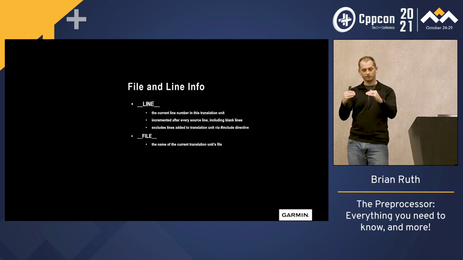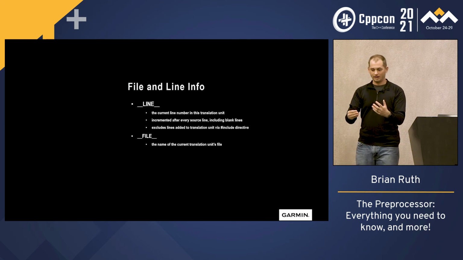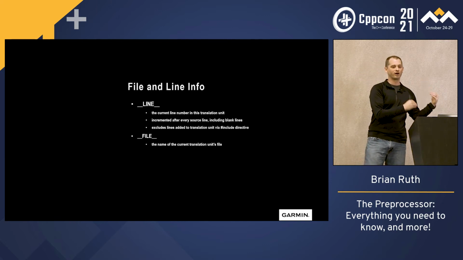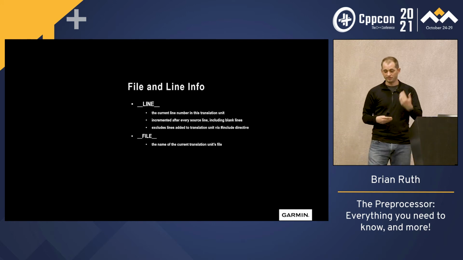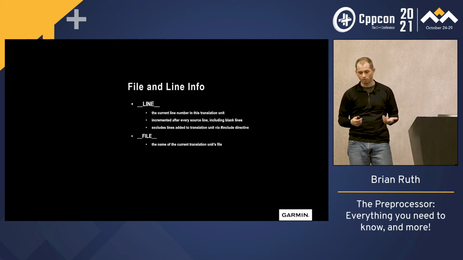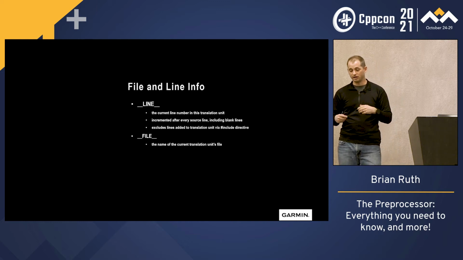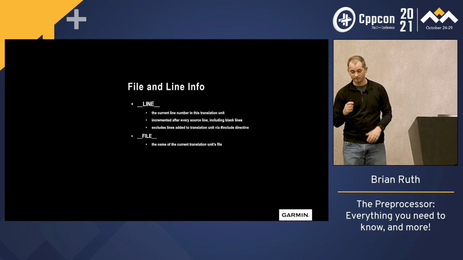If you're using it as kind of like a default argument in C++, it is going to be the line where that default argument is declared. It is not going to be the line from where that function is called. And then file is going to be the name of the current translation unit that you're working in. And then again, the line is going to be incremented for every line, including blank lines, and it excludes lines via include directives.